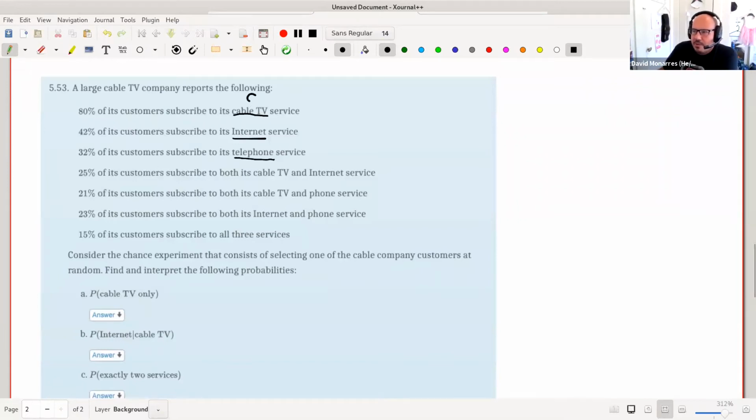Whenever I'm talking about cable, I'm going to use the letter C. Whenever I'm talking about internet, I'm going to use a capital I. And whenever I use telephone, I'm going to use a capital T. Now this over here is all about cable and internet.